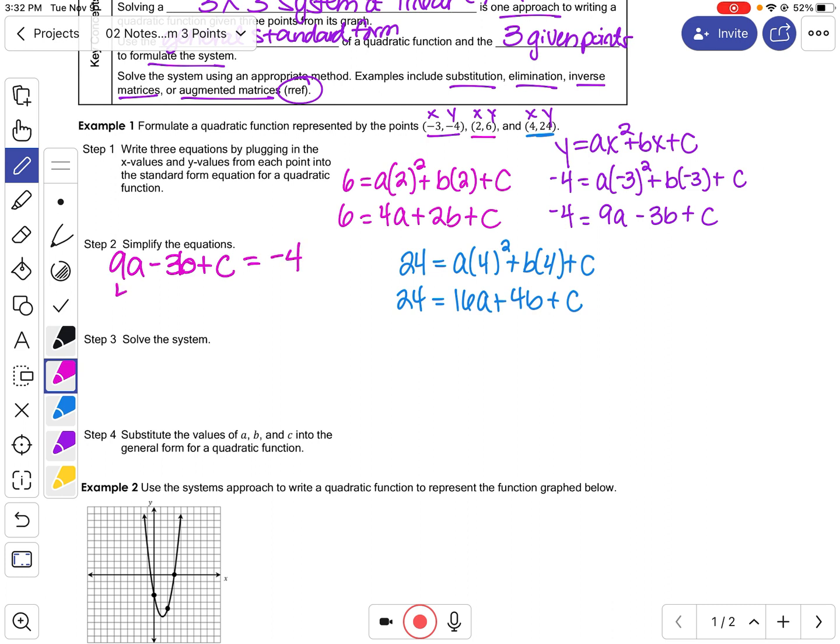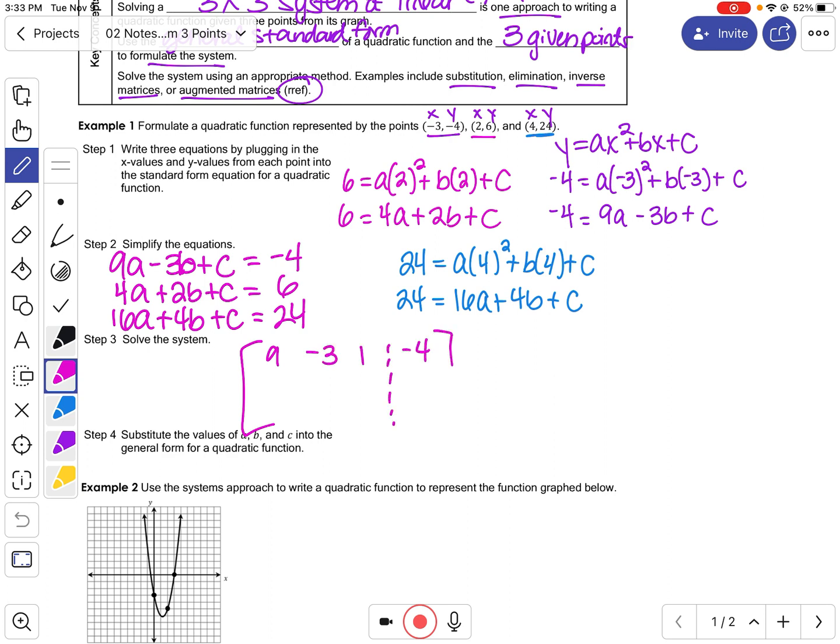It's the same thing, just so I have it all together here. So again, you can use substitution, elimination, inverse matrices, or augmented. I'm just going to use augmented. So I'm going to set up my matrix. So 9, -3, 1, -4. 4, 2, 1, 6, 16, 4, 1, 24. And then I'm going to type those into the calculator.